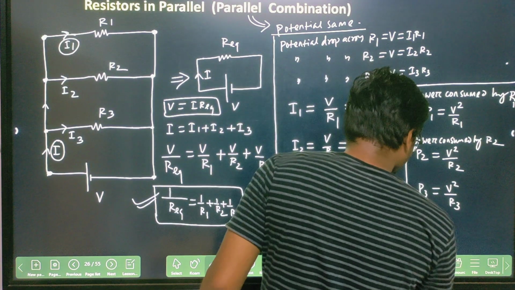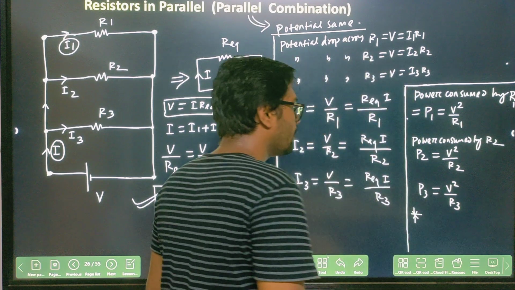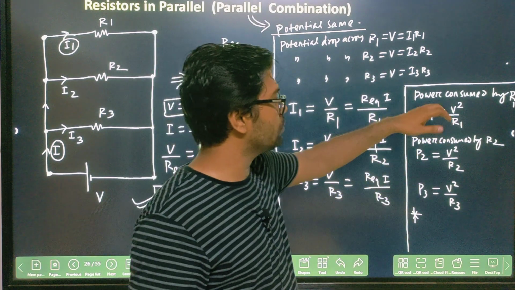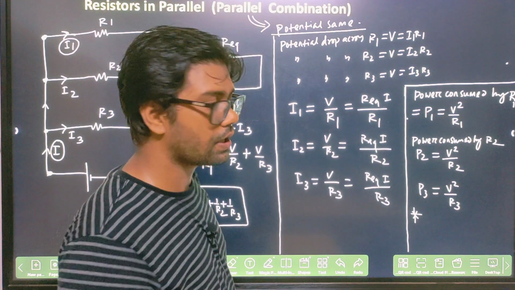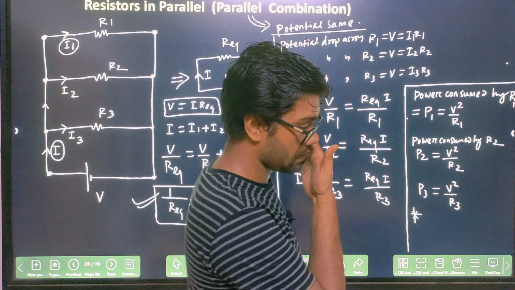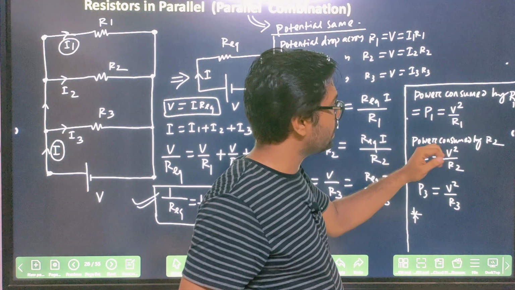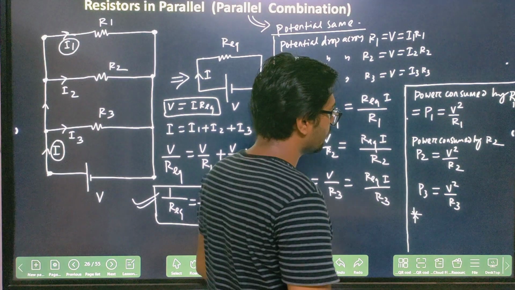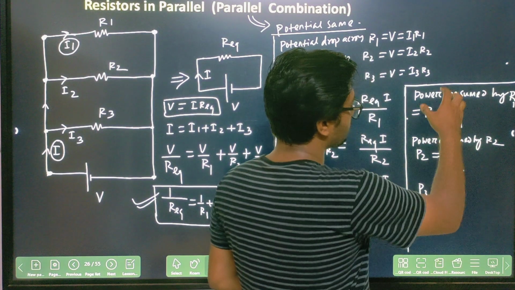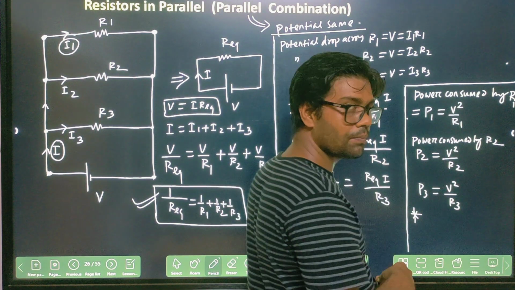Now can you tell me which one will be the maximum power consumed? Which resistor is consuming maximum power? You will say the resistor which has the smallest resistance value will consume maximum power.